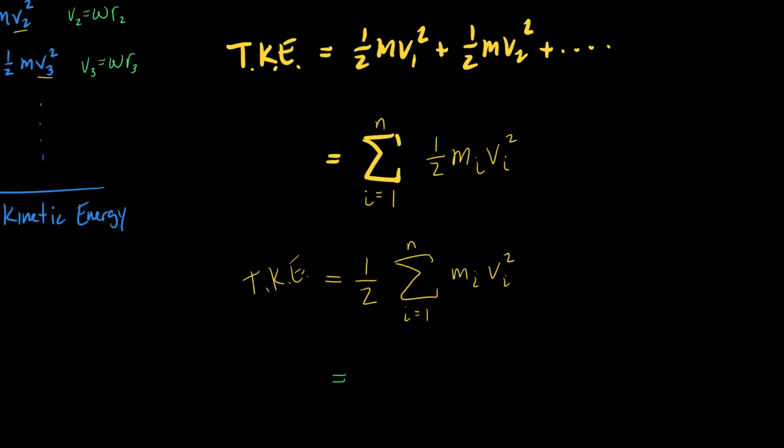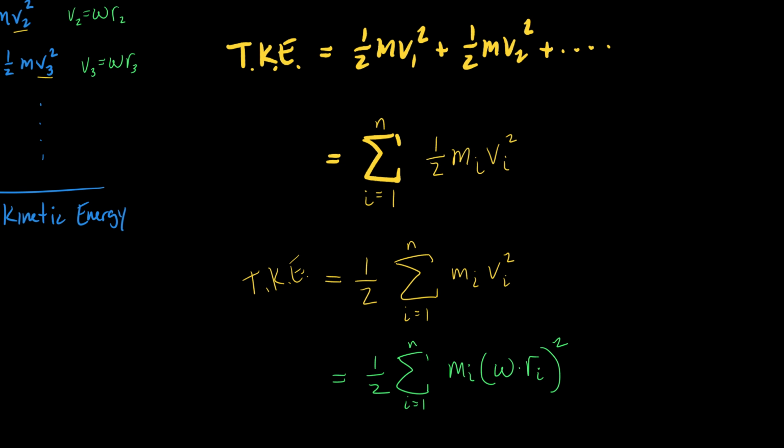I could rewrite this as 1/2, put my symbol in here, mi, but replace v with omega times ri. Wouldn't that accomplish the same thing?